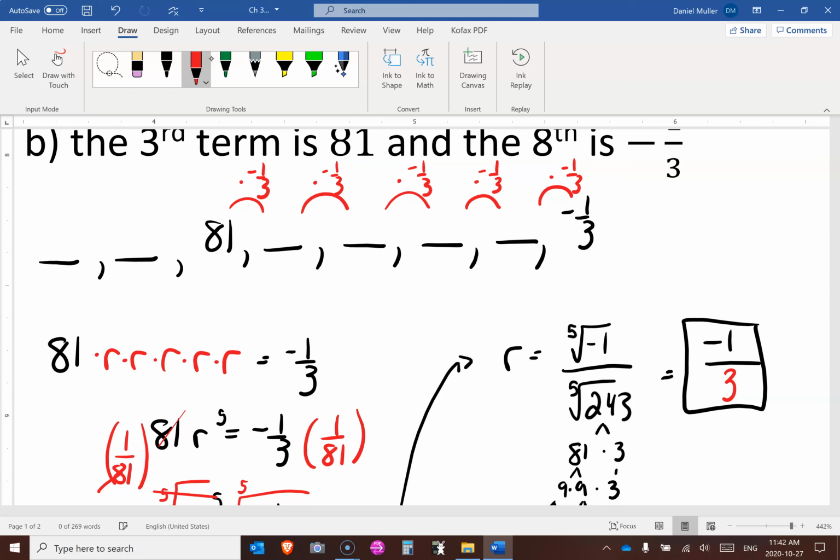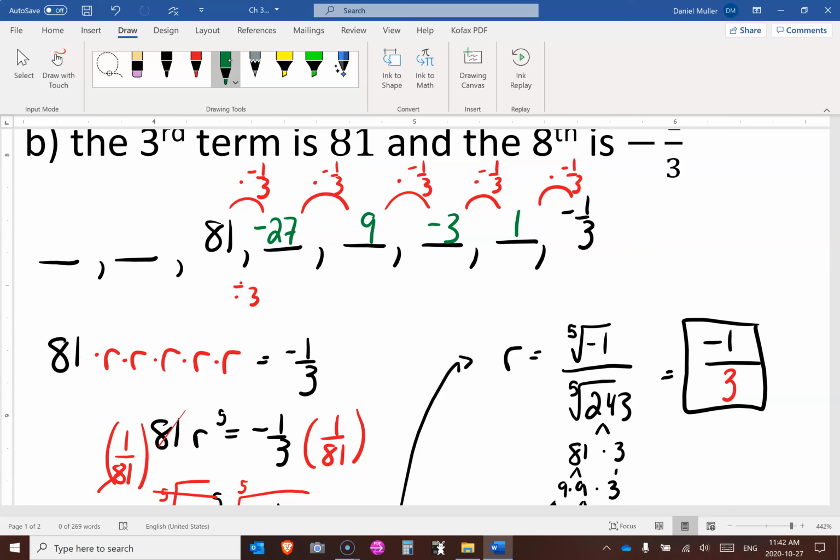So 81 divided by 3 is 27. 27 divided by 3 is 9. Oh, it's negative 3. So 81 divided by negative 3 is negative 27. Negative 27 divided by negative 3 is positive 9. 9 divided by negative 3 is negative 3. Negative 3 divided by negative 3 is positive 1. And 1 divided by negative 3 is just that, 1 over 3, but negative.